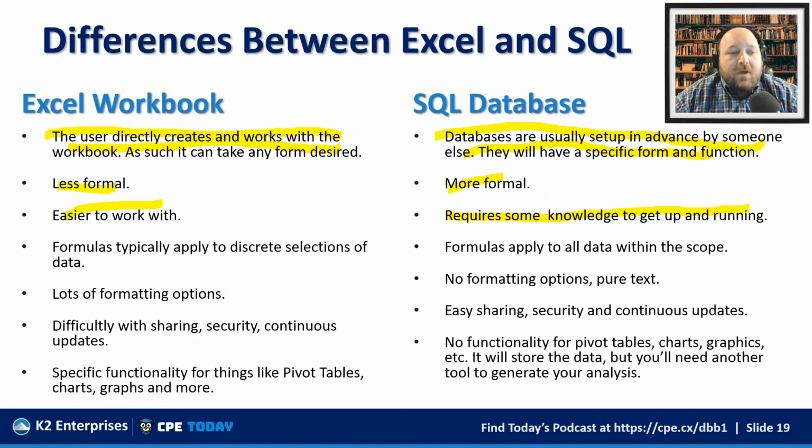In Excel, when we want to modify things, we do this through formulas. Formulas typically apply to a discrete selection of data, meaning we can apply it to rows 1 through 5, skip row 6, go to 7 to 10, so on and so forth. In a SQL database, however, formulas apply to all data within the scope of the query.